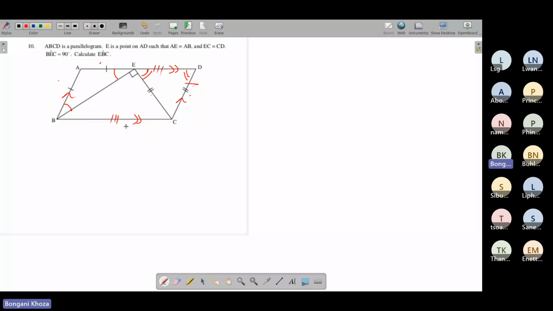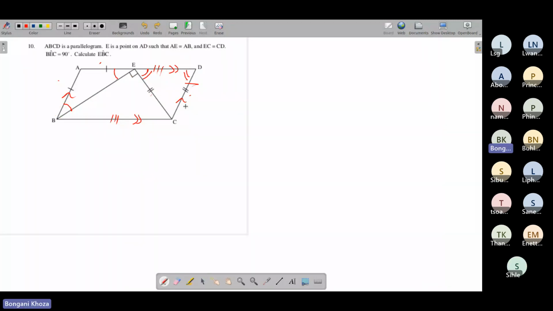We are noting things that we know so that when we go through the problem, we are able to use those to help us. Next, we cannot say that this is an alternating angle because this line is not parallel to this line. We also cannot say that this is an alternating angle because this line is not parallel to this line over here.